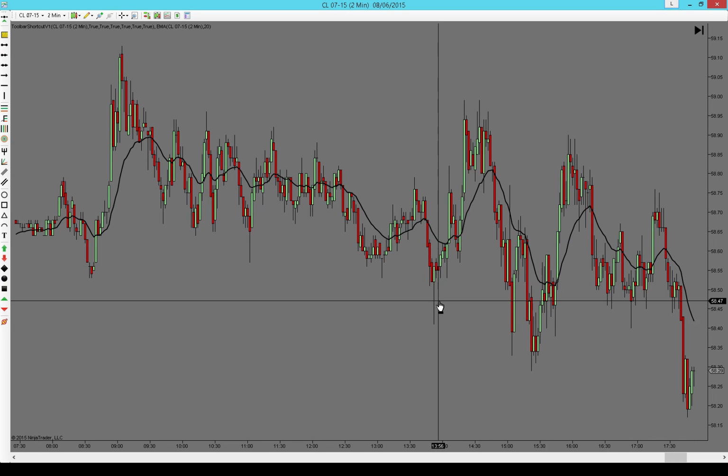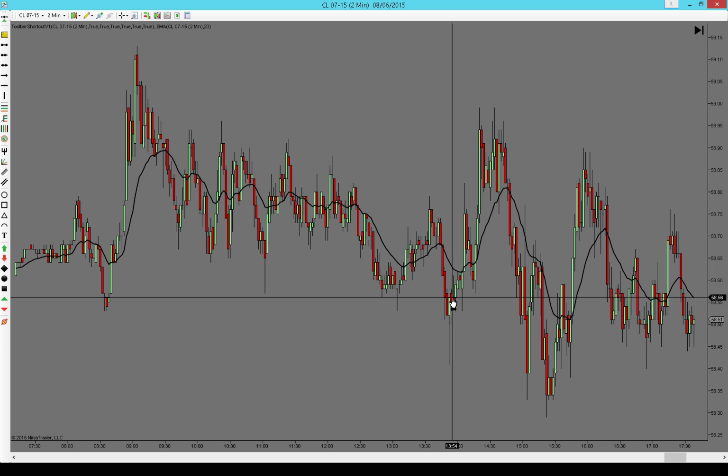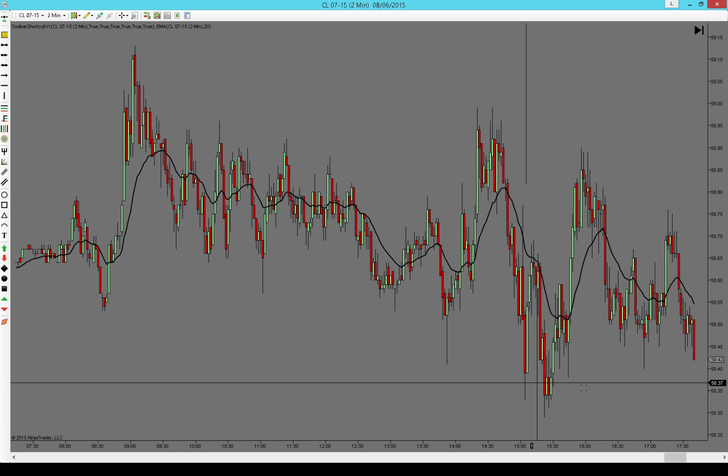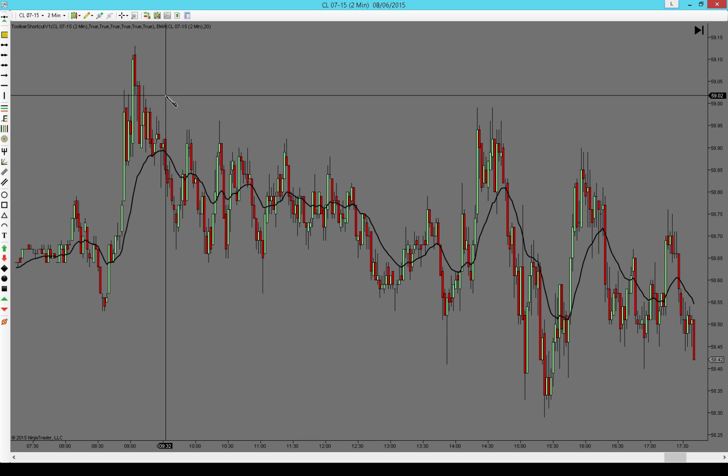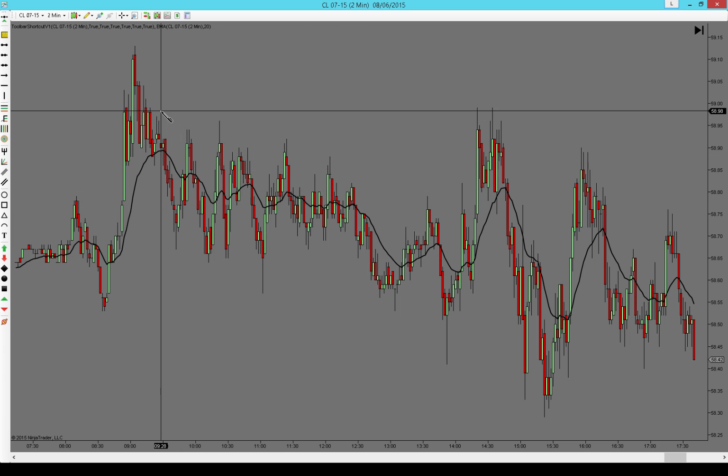I ended up closing the room at, I think, it was here. Market was in a very tight trading range right at the open of the trading room.